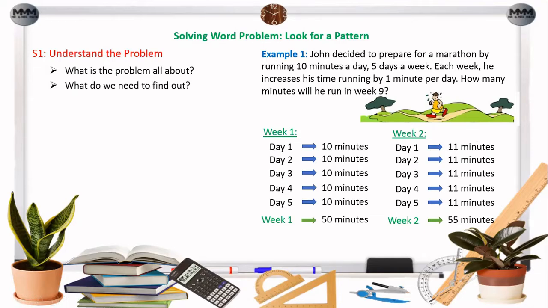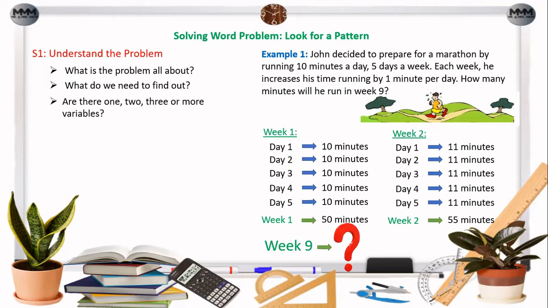So in this step, we can also ask, what do we need to find out? In this problem, we are to find the time in minutes that John will run in week 9. Another one here, we are going to determine the number of variables.